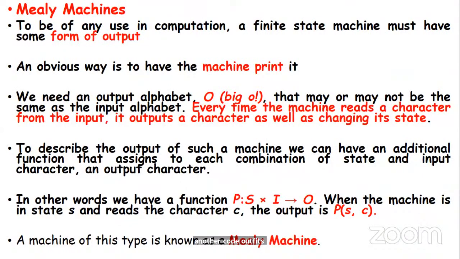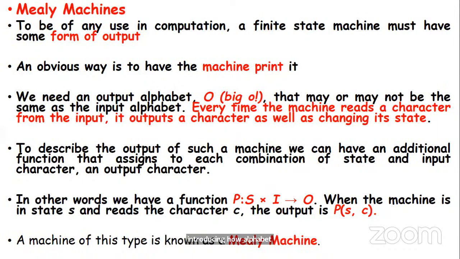Before, we had our input alphabet or input symbol, our transition function, our initial states, our final states, and our set of states. So now we are introducing an output alphabet.